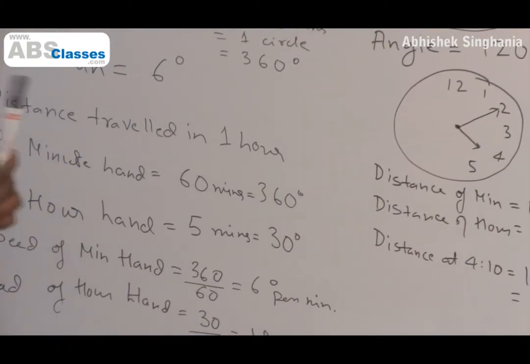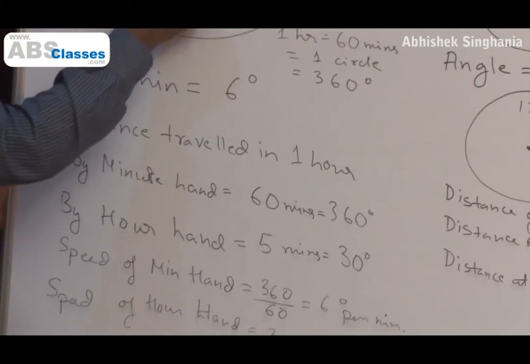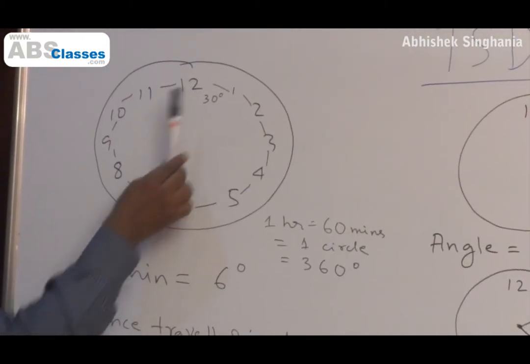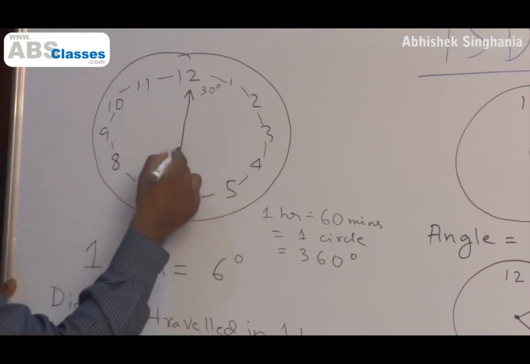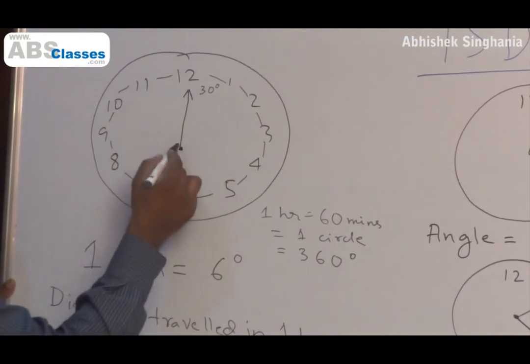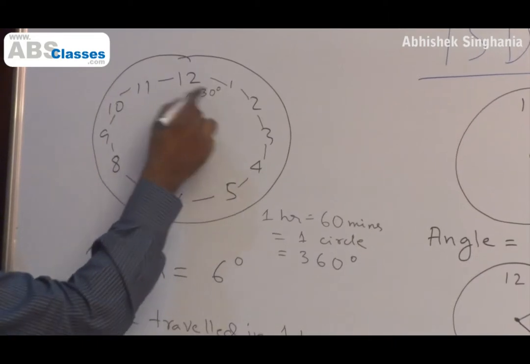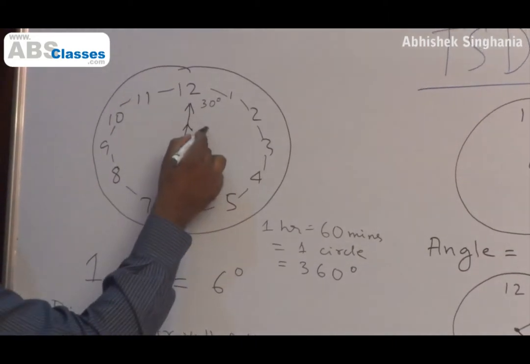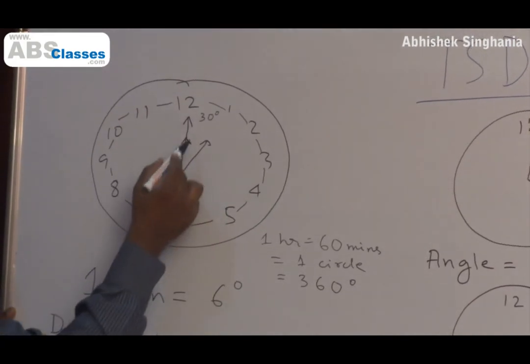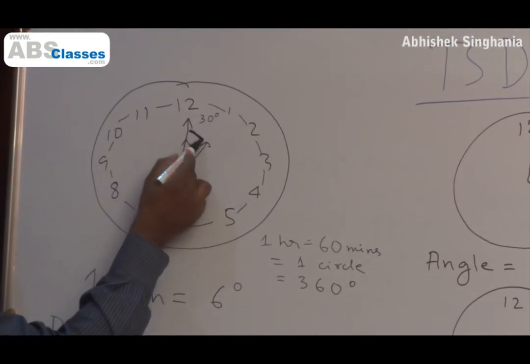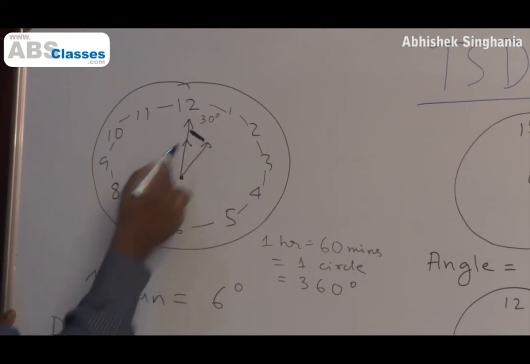Hour hand in 1 hour, remember, how does the hour hand move? Say it's 12 o'clock. If it is 12 o'clock, both the hands are pointing towards 12, right? Now at 1 o'clock, the hour hand will point towards 1, whereas the minute hand will complete the whole circle and come back here. So the hour hand moves only by 30 degrees, 5 minutes, right, in 1 hour.